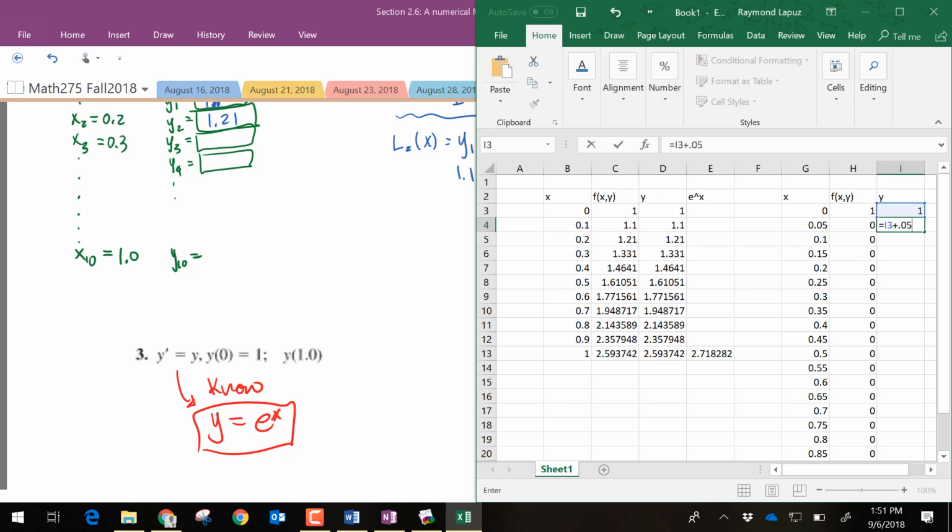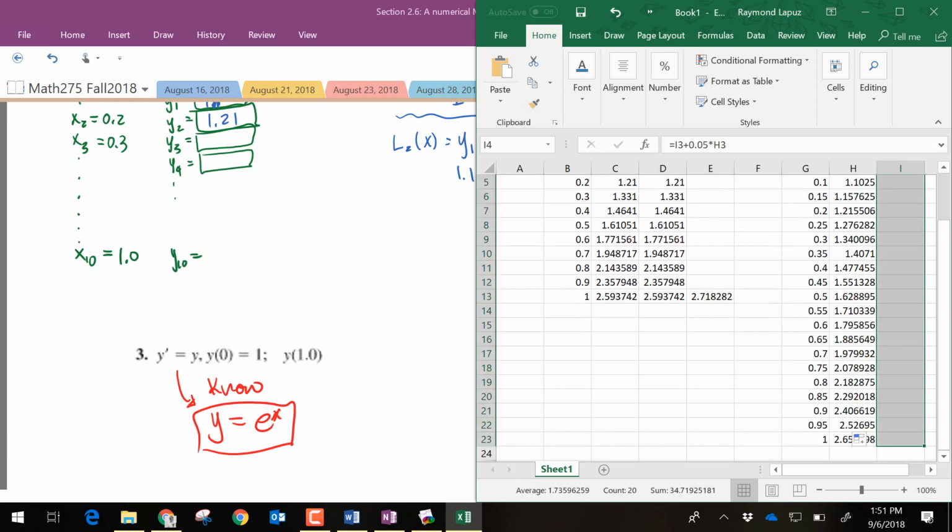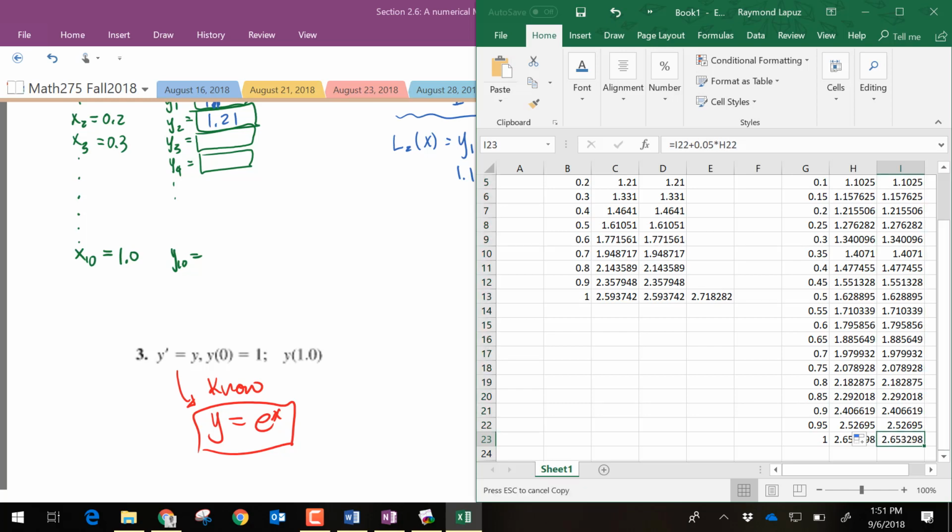This time the step size is 0.05, and then times, oops, I wasn't done yet, times the slope. Oops, that's the previous slope. And so if we take a look at the end of this, we see that we got 2.59 before, and now we got 2.65. That brings us a little bit closer to our real answer. Okay.